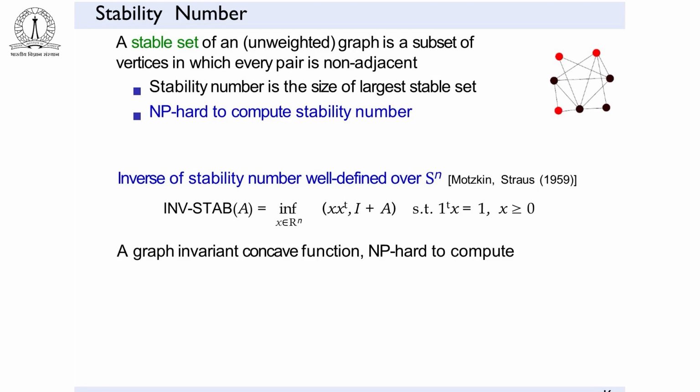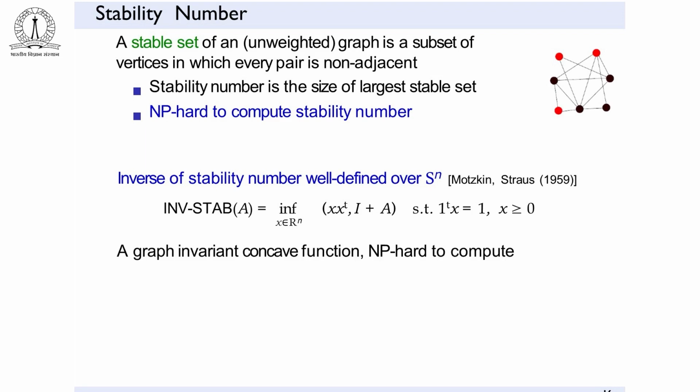There's a magical result, from the 50s, 59, yes, close enough, which says that the inverse of the stability number can be described in this way. So I plug in the adjacency matrix of my graph, and out comes the inverse of the stability number, meaning 1 over the stability number.